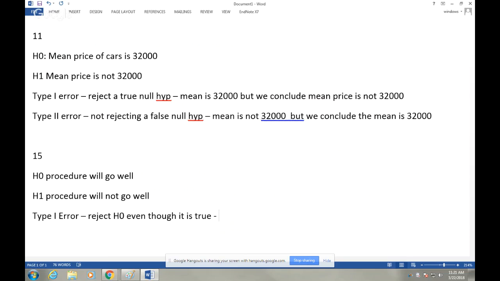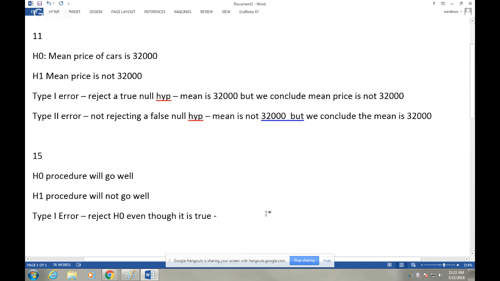And writing it in English, I think it is a little bit easier to write the reality first and then write your conclusion. So, if the null hypothesis is true, because that's what type 1 error is, it's doing something when the null hypothesis is true.